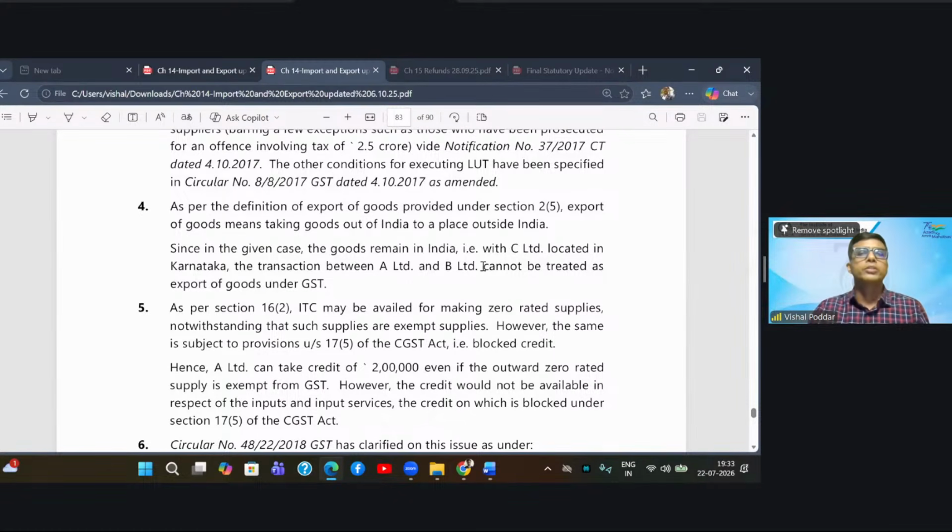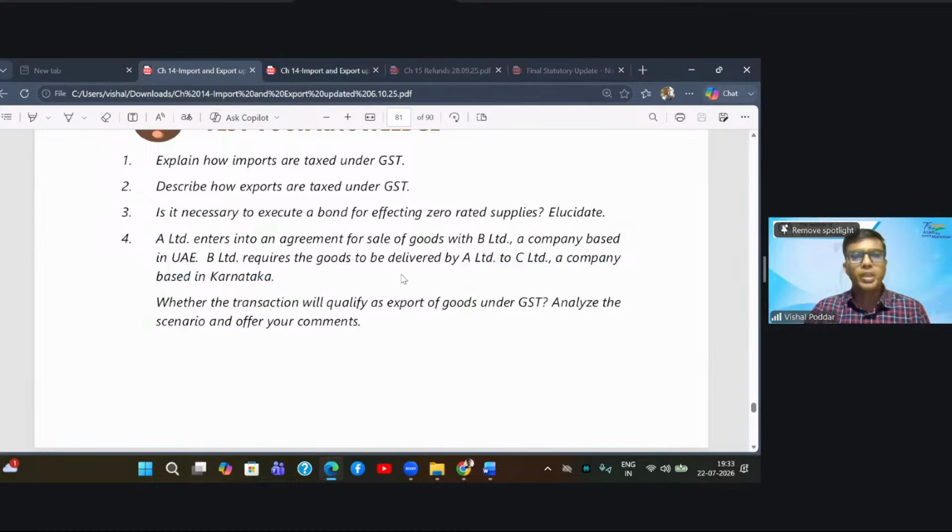In such cases, such transaction, even though with a foreign buyer, cannot be treated as export under GST, rather even under customs. Why? Because the goods have physically not moved outside India. So this is the important point to be noted.